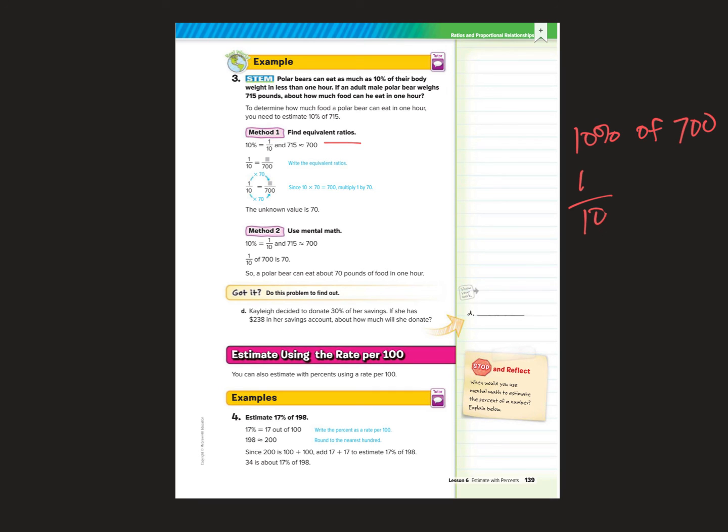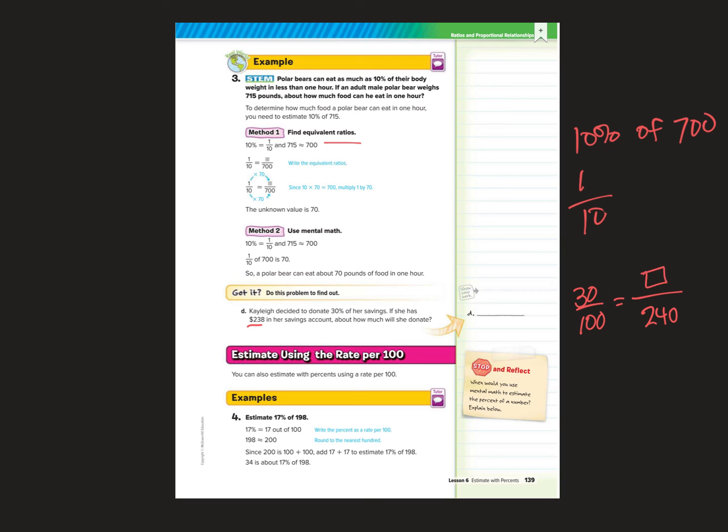So let's do it for this next one here. Kaylee donated 30% of her savings. If she has $238 in her savings account, how much will she donate? So 30 over 100 is equal to something over 238. I'm going to go with about 240.